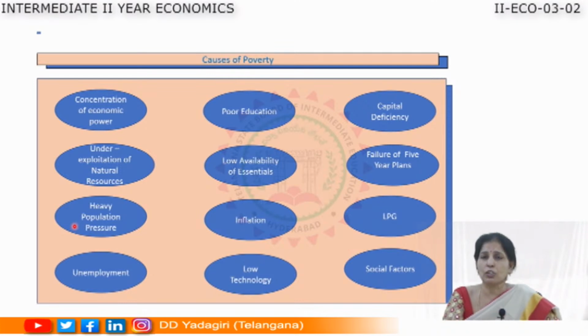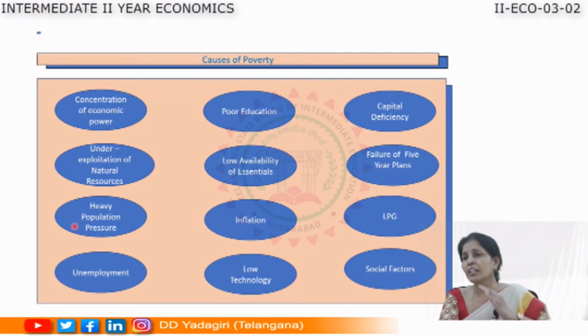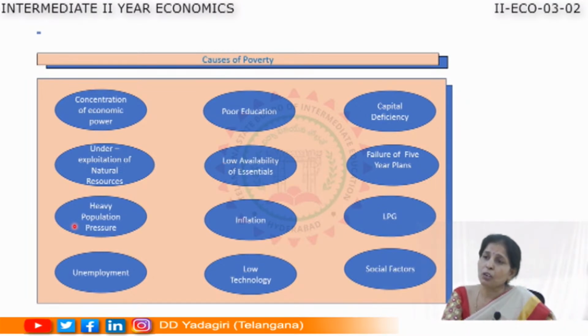So with every stage of economic development, the rich are becoming richer and the poor are becoming poorer day after day. This is because the wealth, the houses, the land, all these are not equally distributed among the people in our society.